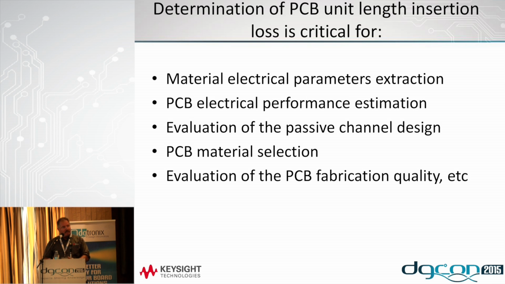And don't leave the passive interconnect to the last point just because it seems to be the simplest. It's an integral part of the whole channel. And of course, PCB materials is a very big issue. FR4, sometimes we basically are, I don't know how else to say it, but maybe doomed to use FR4 much more than we want to.